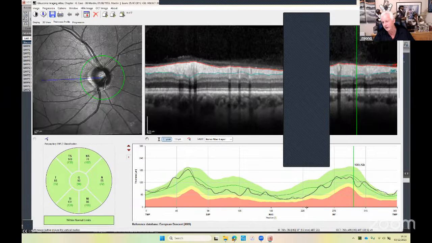Here's the fourth one, and now we see a little dip there. Look, 26 microns from the baseline. And the important point here is you see this in the profile, and nothing up here is giving you any indication that there's a problem. So this is why I urge you to look at the profile if you can, because this is more sensitive. This has been averaged out in the sector there.